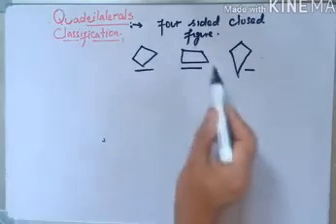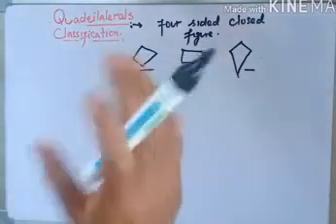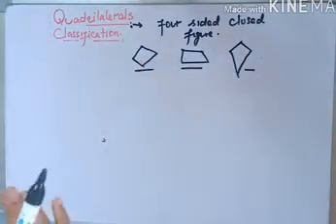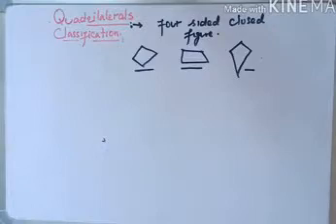This is what a quadrilateral is. Whenever you see a closed figure having four sides, you should understand that this type of polygon is called a quadrilateral.